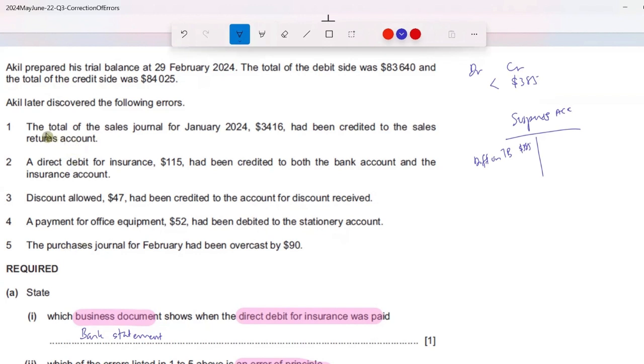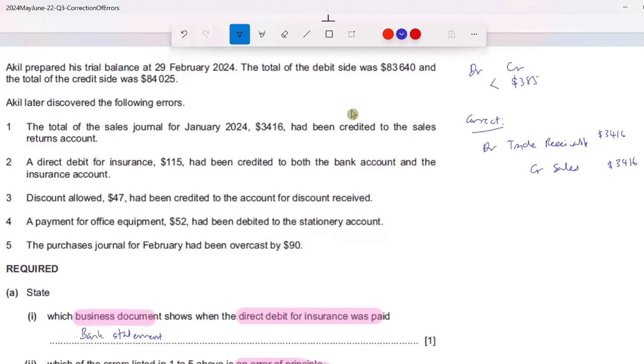Let's begin. The total of the sales journal for January 2024 is 3,416 and had been credited to the sales returns account. The correct double entry should be to debit trade receivable, and to credit sales by this amount, 3,416.